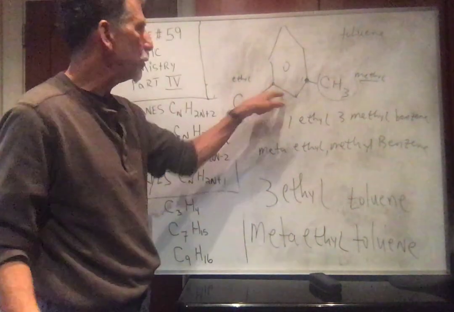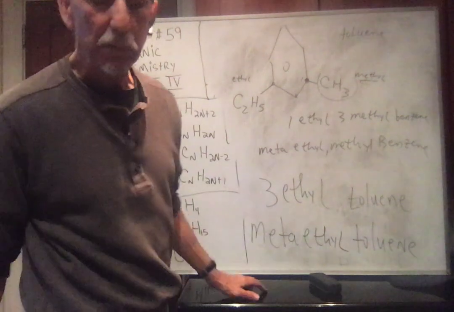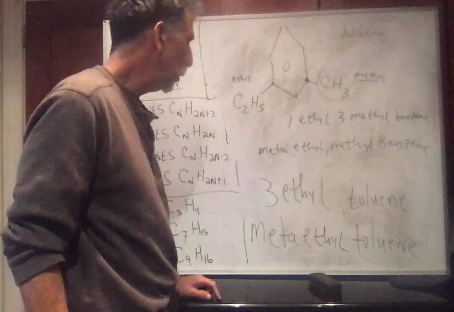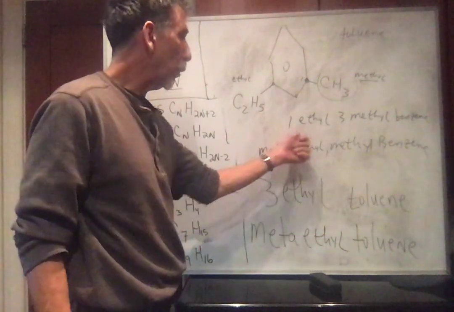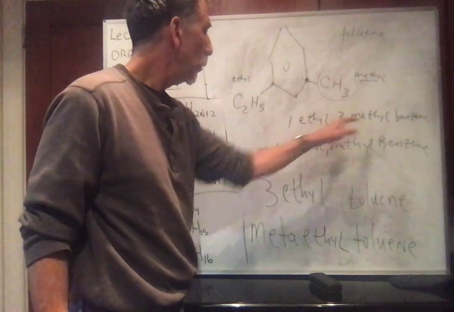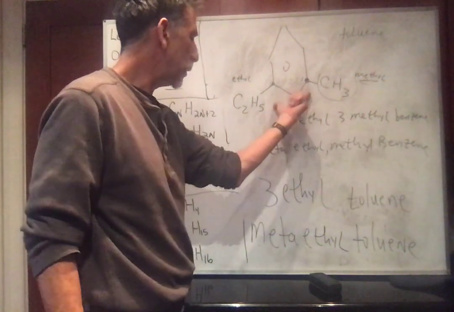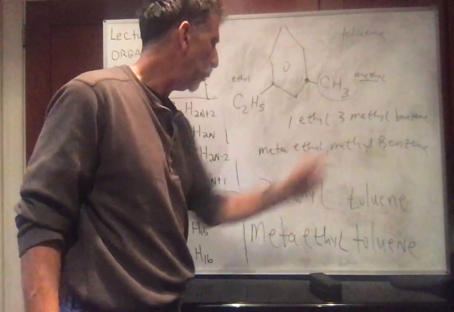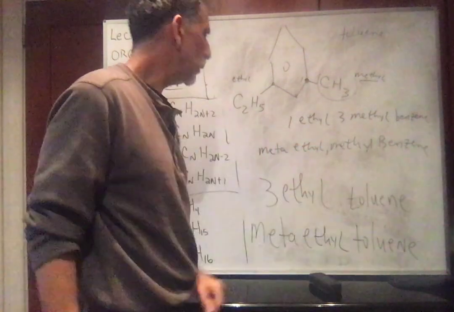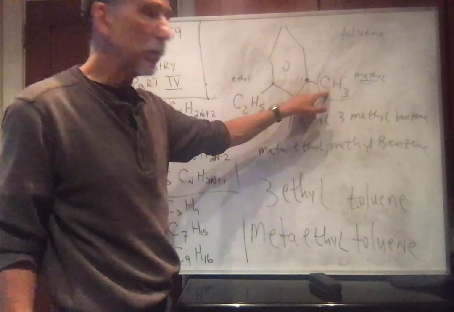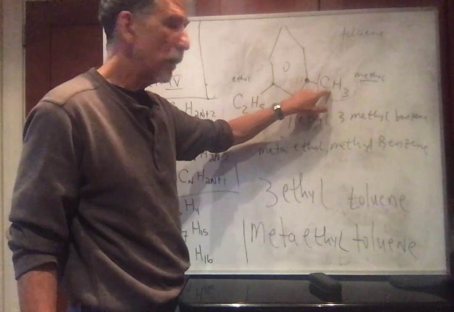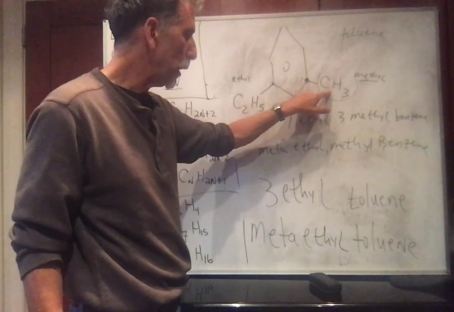There's 4 names for this molecule, which is correct. They're all the same. They're all equal. Okay, they're all valid. 1 ethyl, 3 methyl benzene. Meta, because you skip a bond, ethyl methyl benzene. 3 ethyl toluene, defining the molecule by the methyl as toluene.